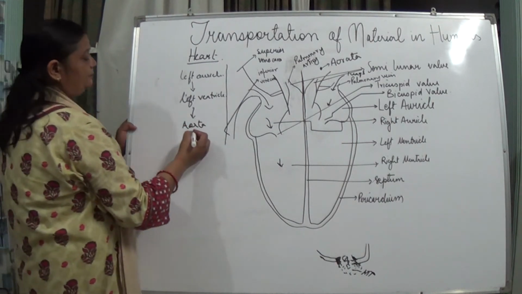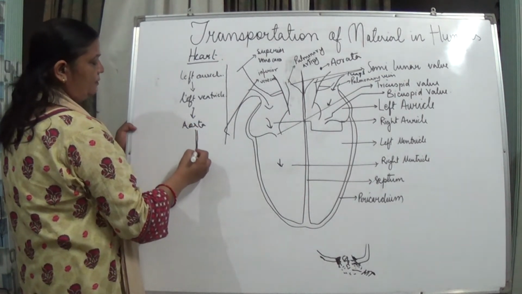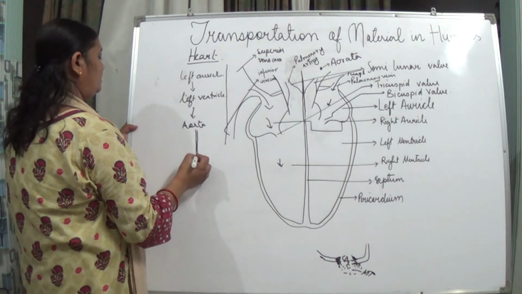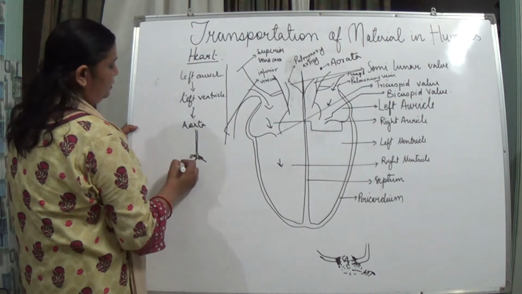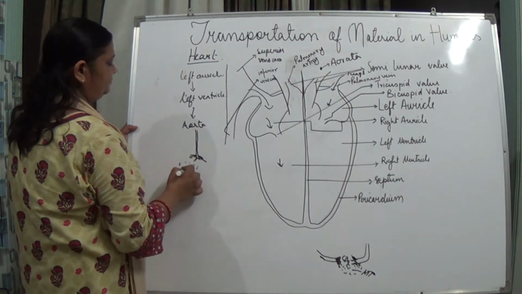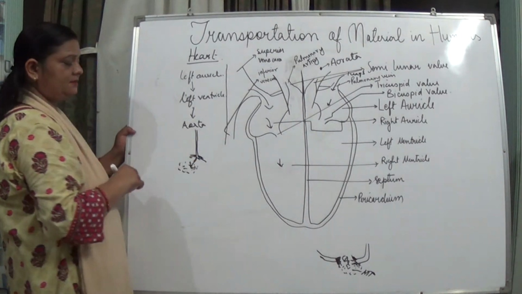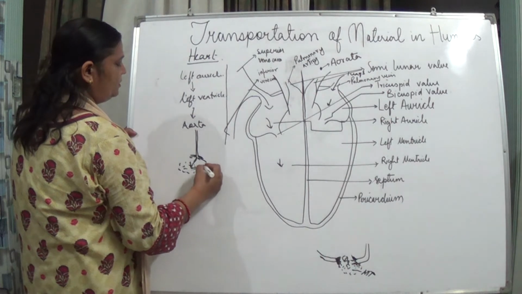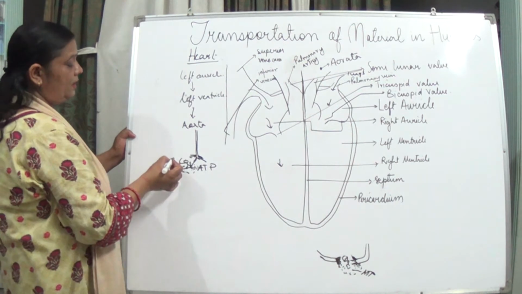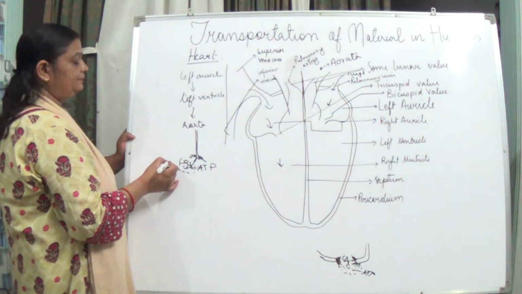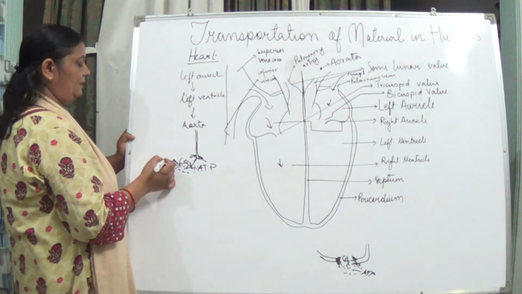From the aorta it moves to the smaller blood vessels, where it provides this oxygenated blood to the cells where the digested food is present. It oxidizes the digested food, thereby releasing out what? ATP and carbon dioxide. This carbon dioxide is taken again by the blood capillaries to the veins.